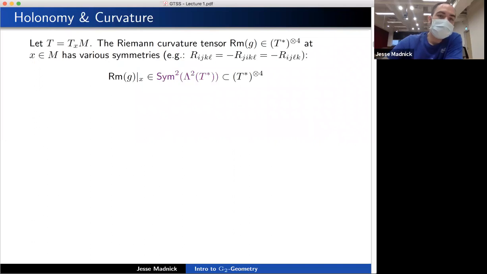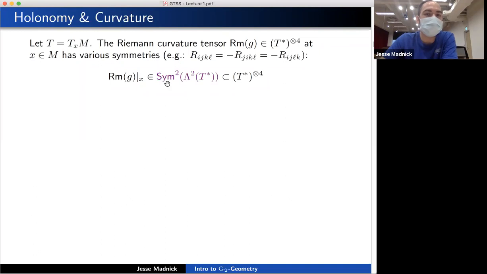So how is the holonomy related to the curvature? So let's recall that the Riemann curvature tensor is a 4 tensor. So it lives in T star tensor 4 times. Here I'm just abbreviating notation by letting T be the tangent space at X. So the Riemann curvature tensor at X is a 4 tensor, but in fact, it lives in a subspace of the 4 tensors because it has various symmetries. Okay, you can swap the first 2 indices and then you get a minus sign. You swap the last 2 indices, you get a minus sign, and so on.